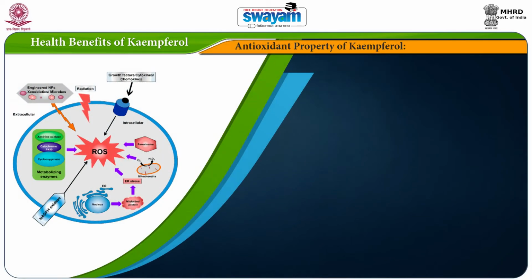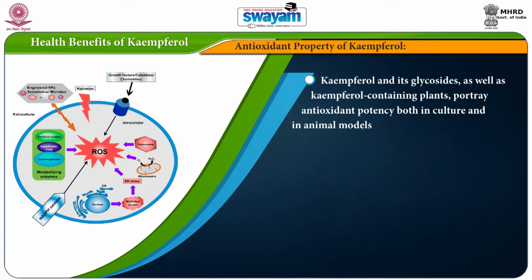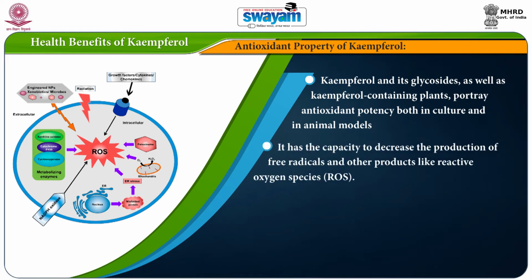Let's now understand the antioxidant property of kaempferol. Kaempferol and its glycosides, as well as kaempferol-containing plants, portray antioxidant potency both in culture and in animal models, and it has the capacity to decrease the production of free radicals and other products like reactive oxygen species.